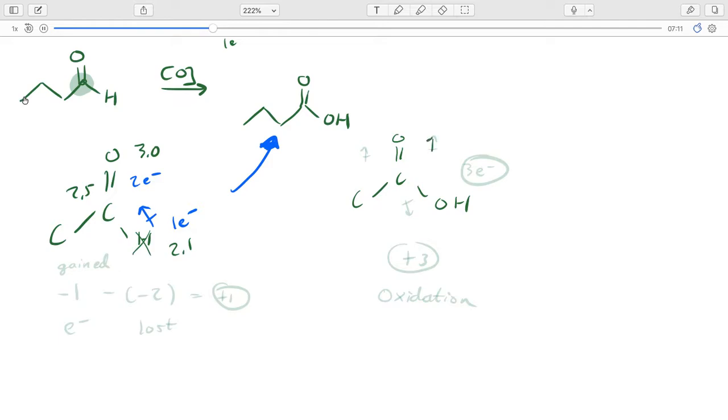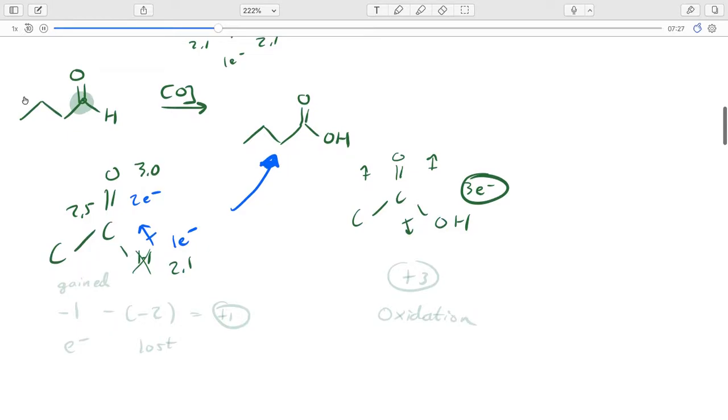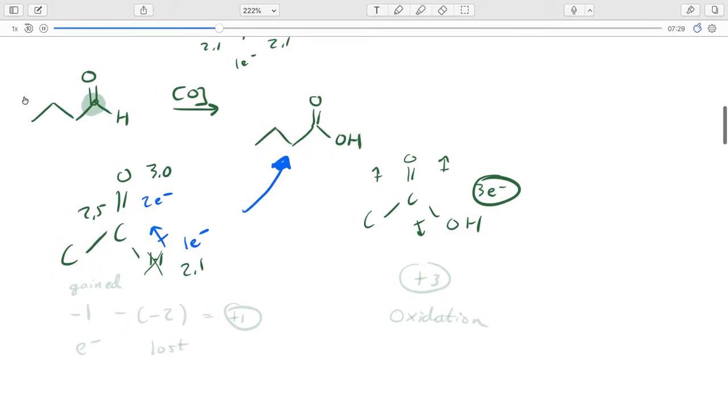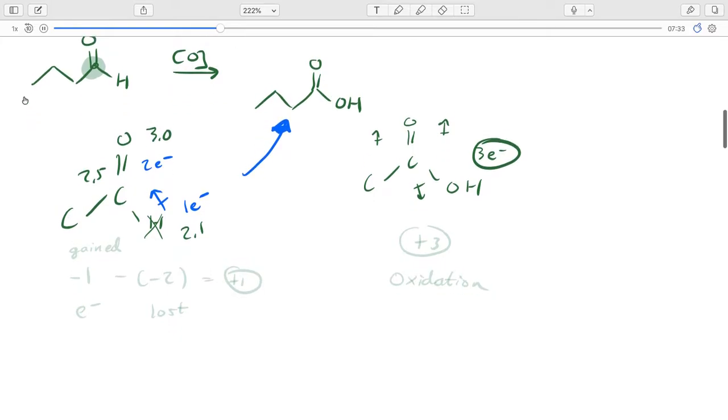Now for each of these oxygen bonds, we have essentially removed electrons from the carbon. So we assign electrons based on the electronegativity. The more electronegative element is taking the electrons, right?